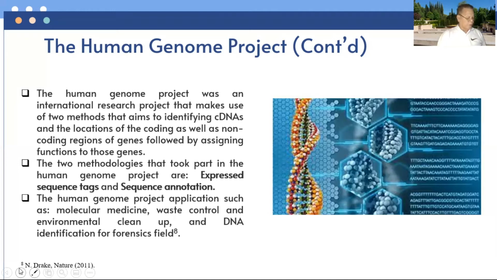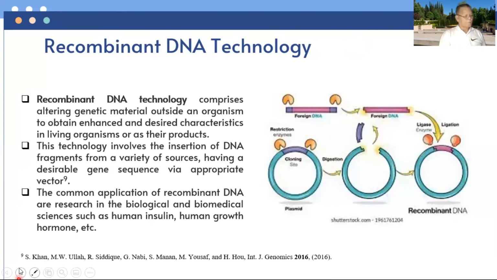Now let's move to recombinant DNA technology. Recombinant DNA technology comprises altering genetic material outside an organism to obtain, enhance, and desire characteristics in living organisms or as their product.